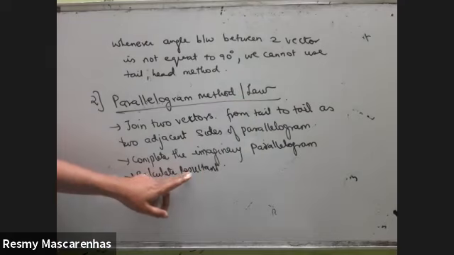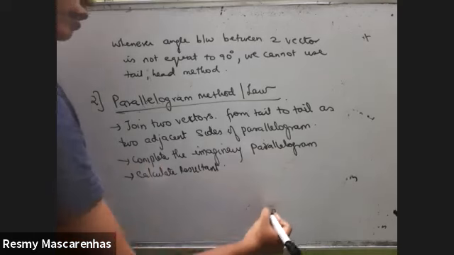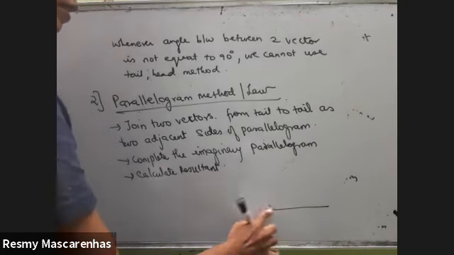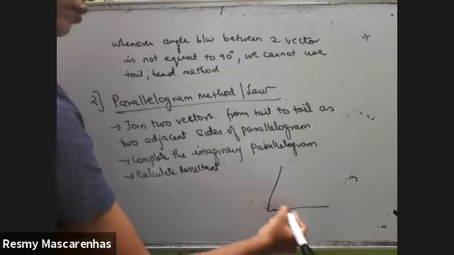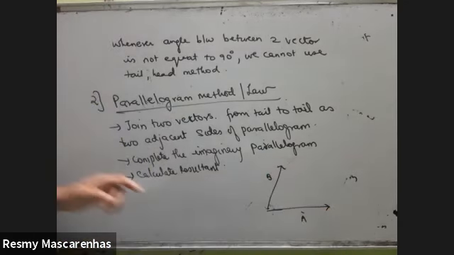Here, while calculating the resultant, we cannot use the Pythagoras method, as I told you, because the angle will not be equal to 90. So what is the formula for the resultant? I'll just give it first and then we will derive. I'll give you a rough diagram and then we'll use it for the proof. If you have A bar and B bar, now this angle is not equal to 90.